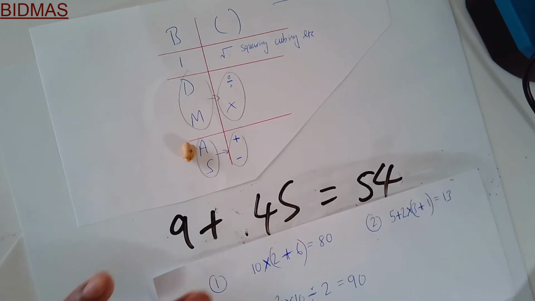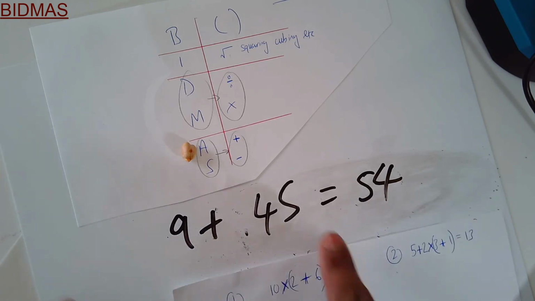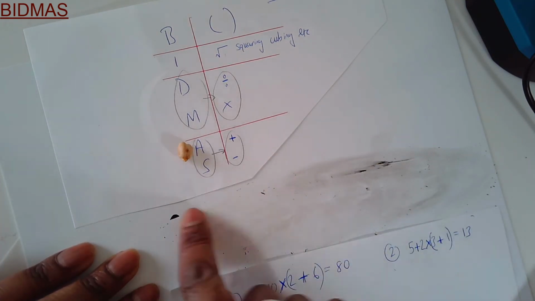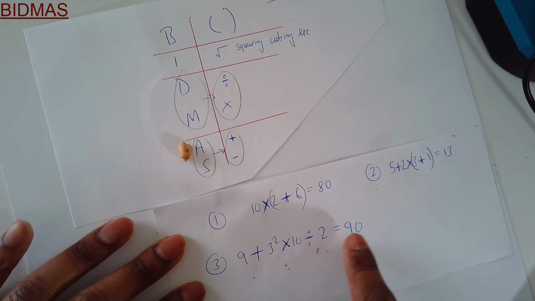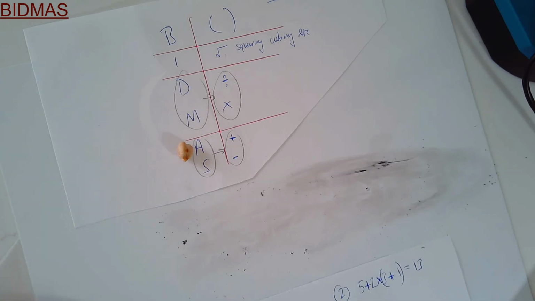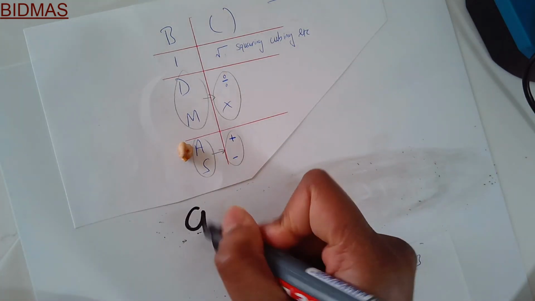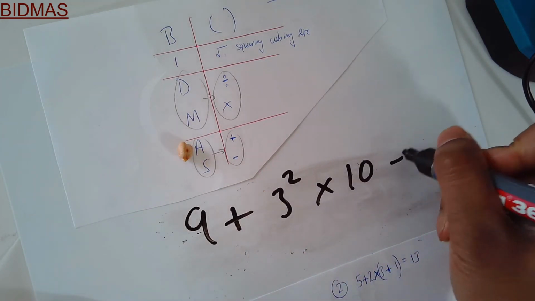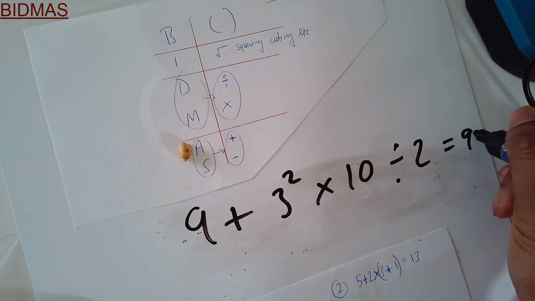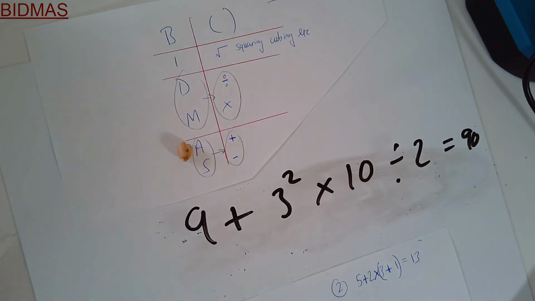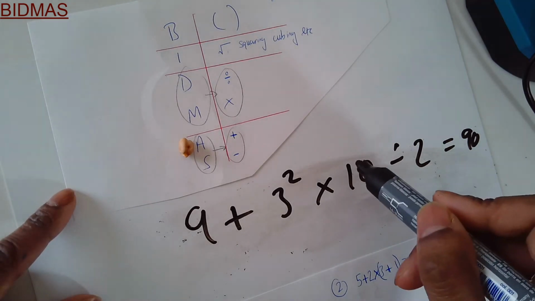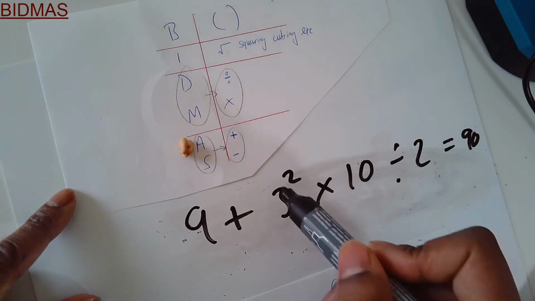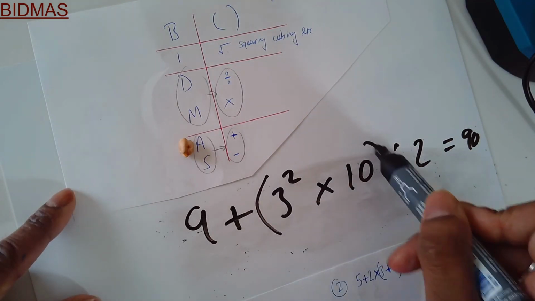Now, in this one, this is the question: we need to put the brackets to force it to become 90. So what can you do? Just experiment really. Maybe I can try this, see what happens.